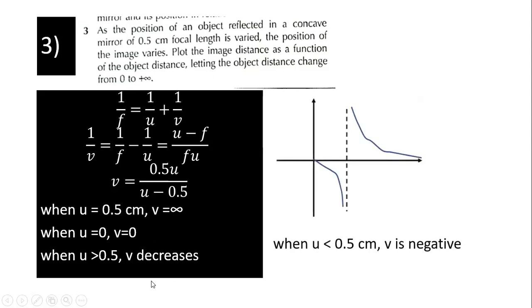So that's how your graph should look like. Right? At this part, where is 0.5? This is 0.5 here. It goes to infinity. Then it's 0 here. So it's a curve here. And then it's greater than 0.5, v decreases. That's how it looks like.